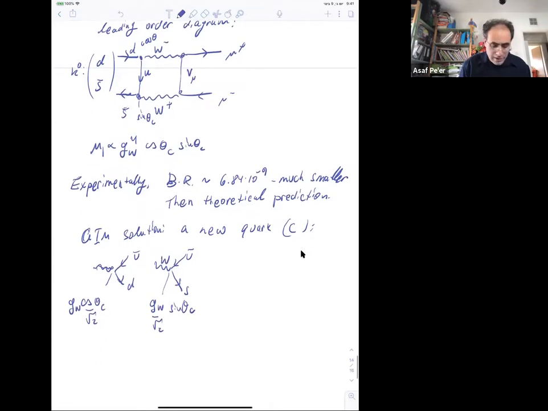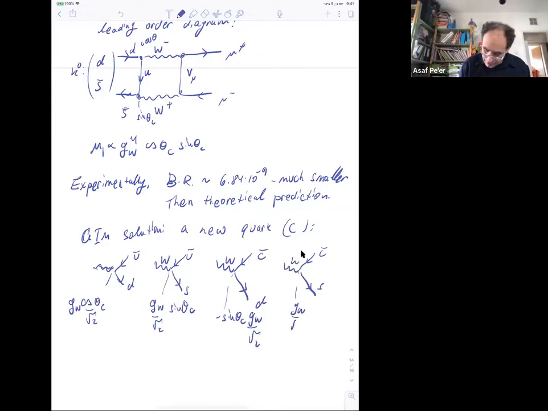Then they suggested that there is also this anti-charm, maybe connected to the weak interaction. And here they put a minus sign, so this will be a minus sine theta Cabibbo, G weak over square root of 2, and the charm with the S will be G weak over square root of 2 times cosine theta Cabibbo.